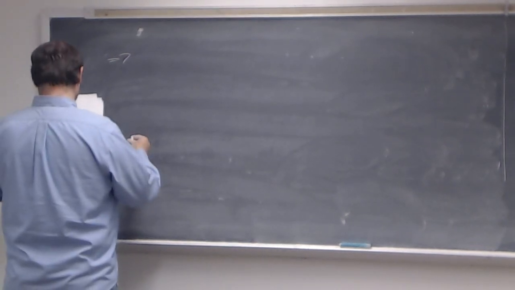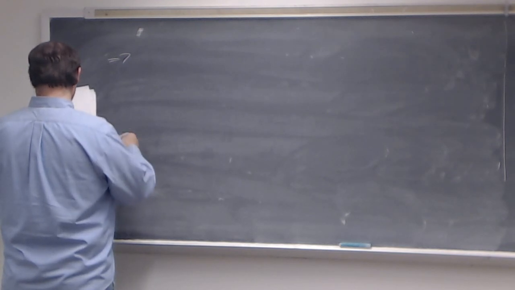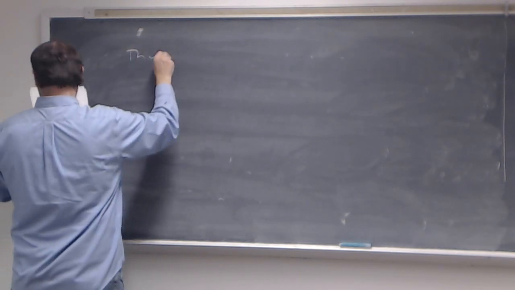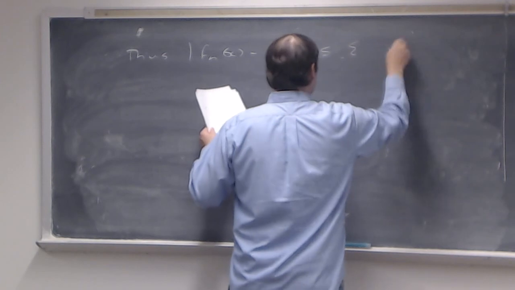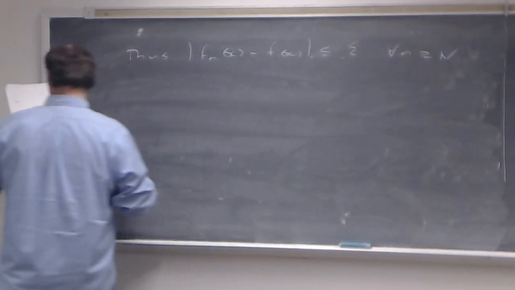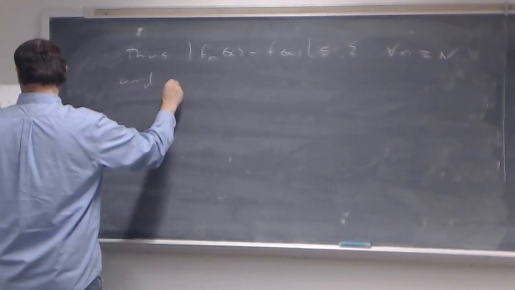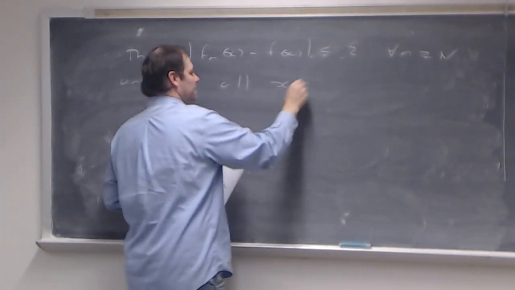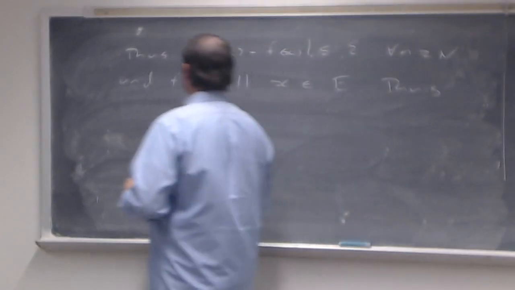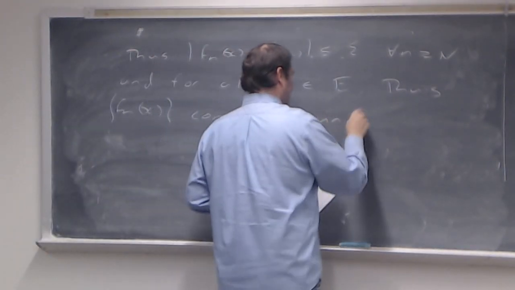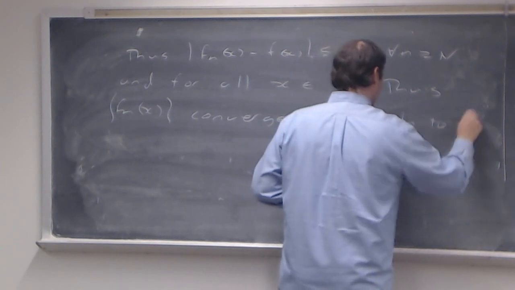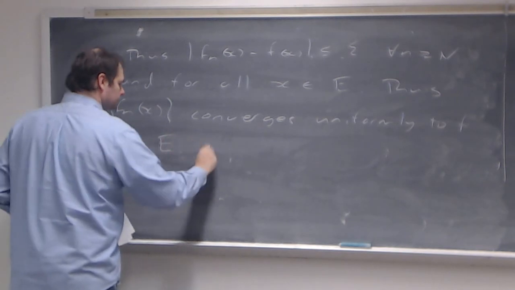We're almost done. That implies, I'll just say, thus the absolute value of f sub n of x minus f of x is going to be less than or equal to epsilon for all n greater than or equal to big N, and for all x element of E. That shows f sub n of x converges uniformly to f on E. That is the proof.